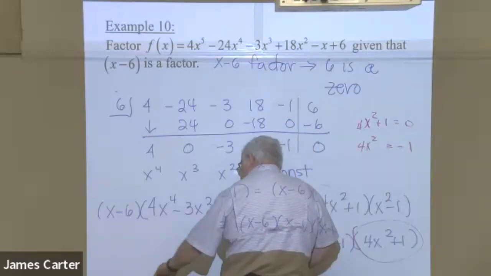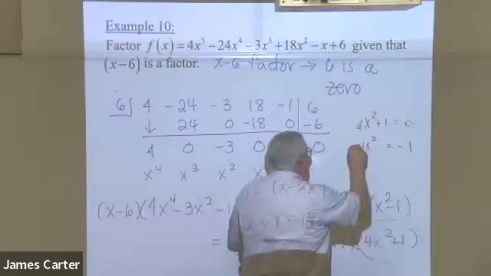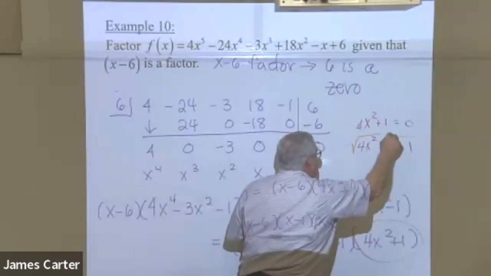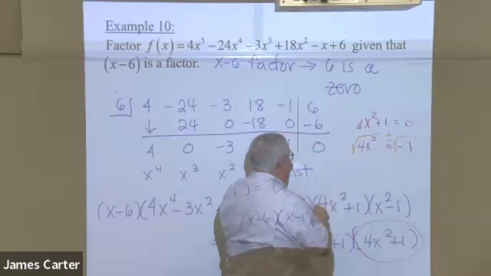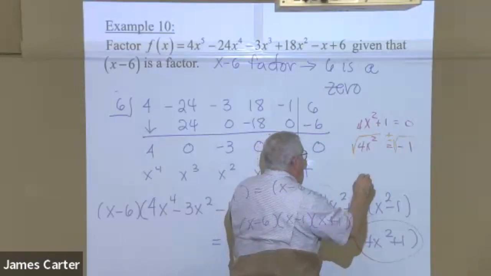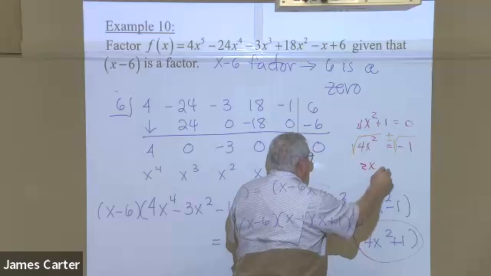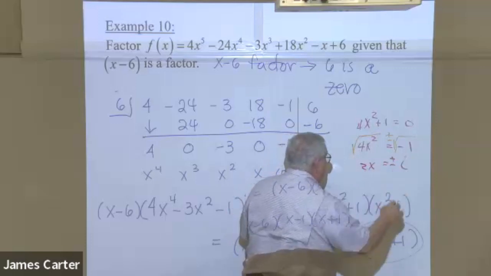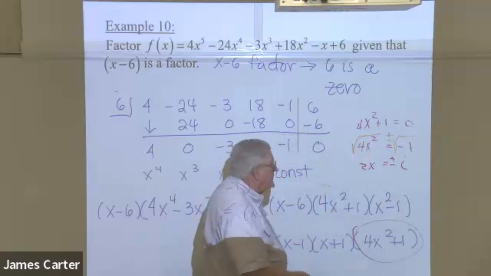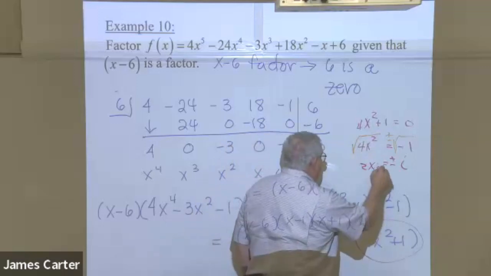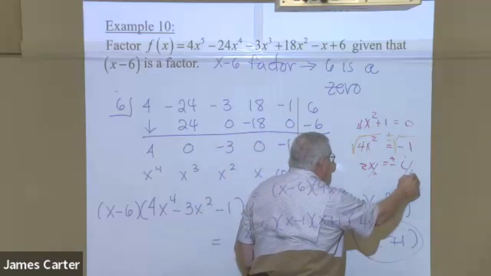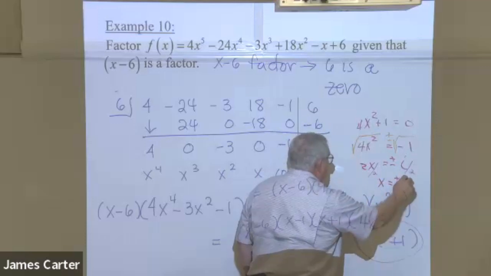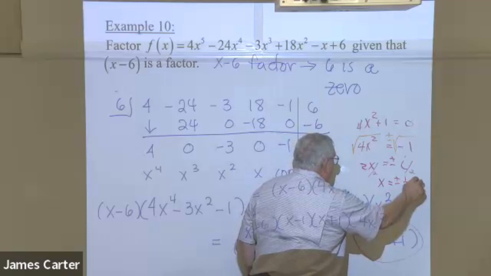Then we would take the square root of both sides, plus or minus. Okay, this is going to give us 2x here. And this will give us plus or minus i. Divide both sides by 2. And we get x equals plus or minus 1/2 i.